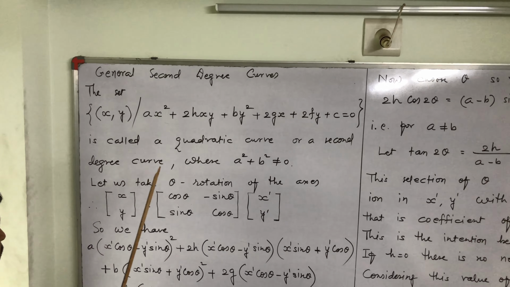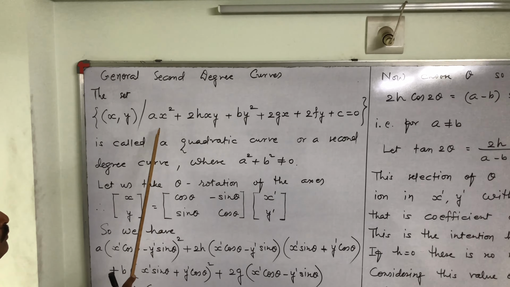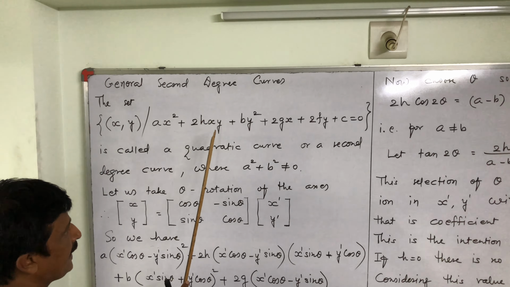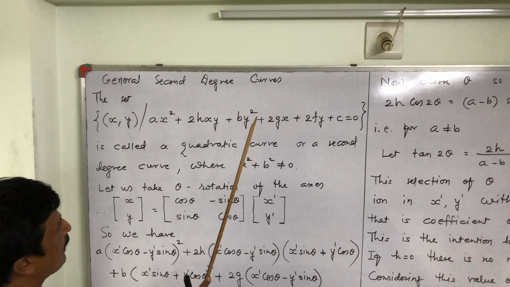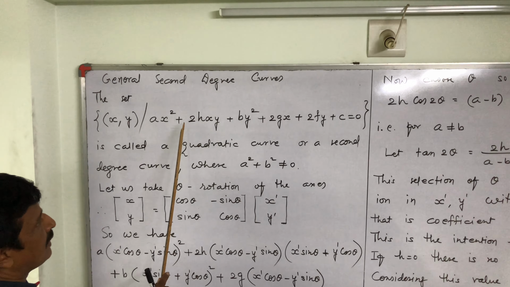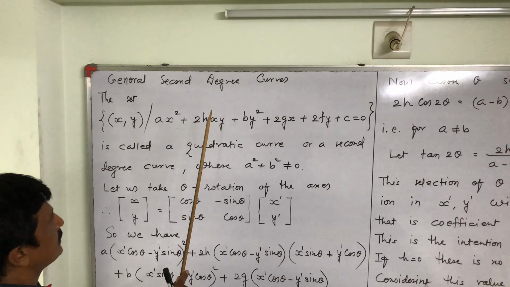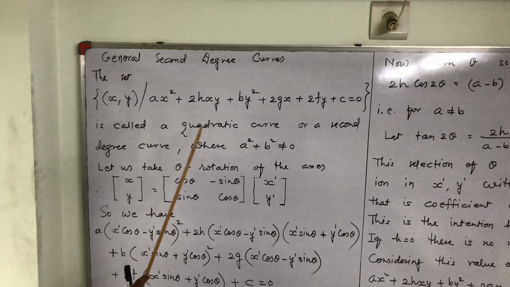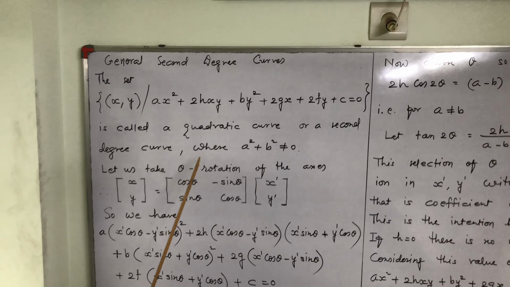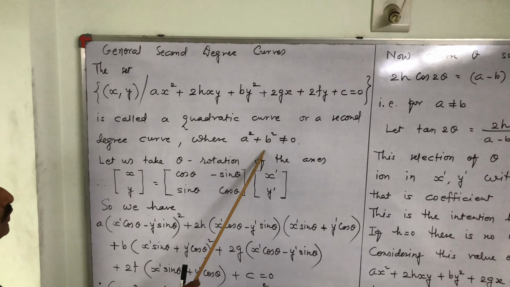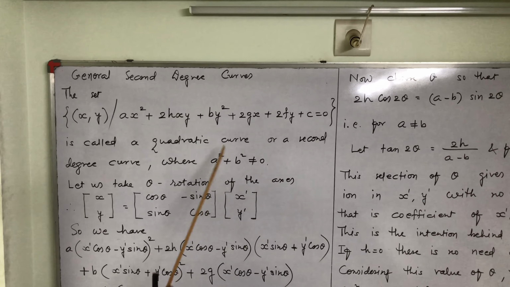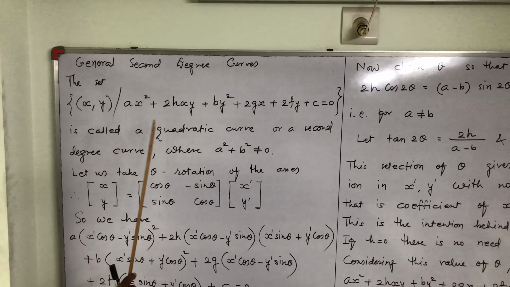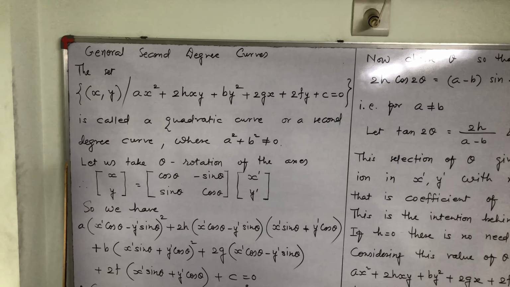So the possibilities are: null set, line, pair of lines, intersecting lines, parallel lines, hyperbola, ellipse, parabola. A circle is also called a quadratic curve or a second degree curve, where a² + b² is not equal to 0, because we want a general second degree curve.